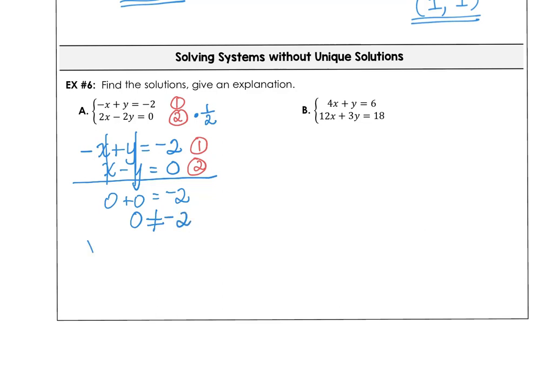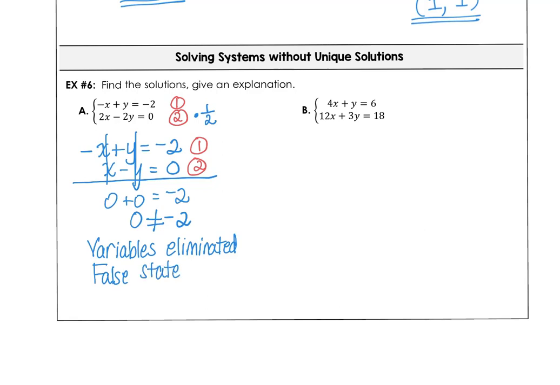So we have a false statement here. You notice all the variables were eliminated. So the variables are gone. I'm going to just write that down to give an explanation. We eliminated the variables and we have a false statement. So these are parallel lines.